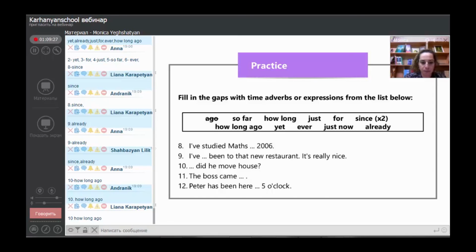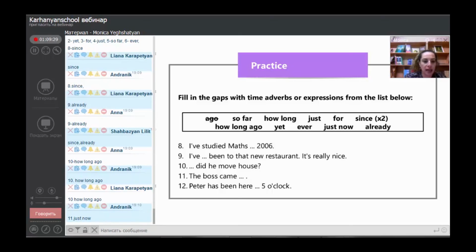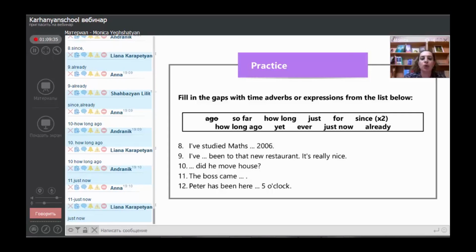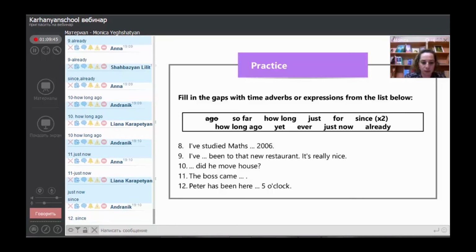And 11th, the boss came just now. Yes, good for you, because we use just in perfect, while just now is used in past. And the last one, Peter has been here. Yes, since 5 o'clock. Yes, you're right.